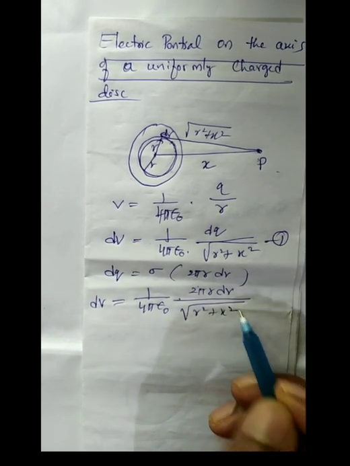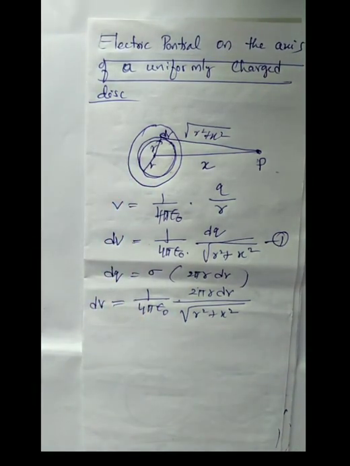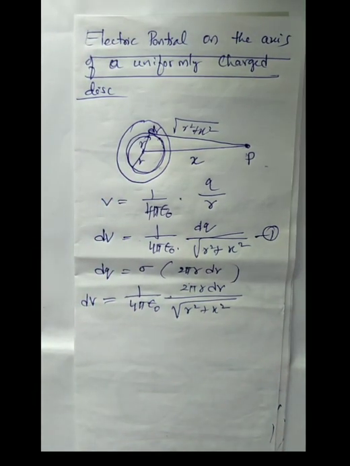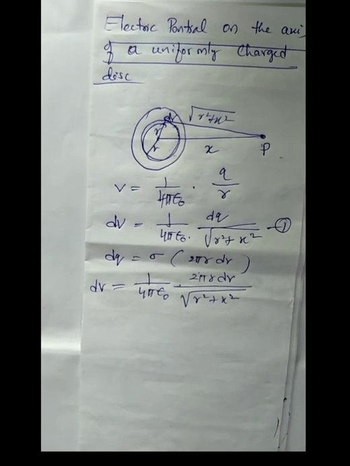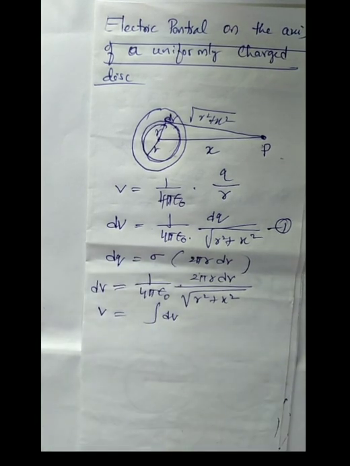plus x square. Now the next step is, because of the whole disk, we have to find the potential at a point P which lies on the axial line of the disk at a distance x. To find that total potential, I have to integrate this small potential from where to where?